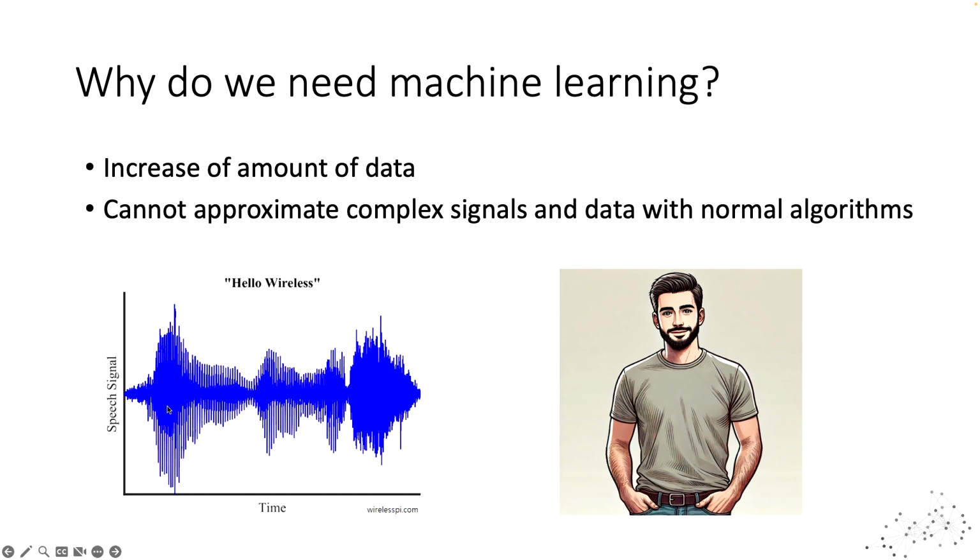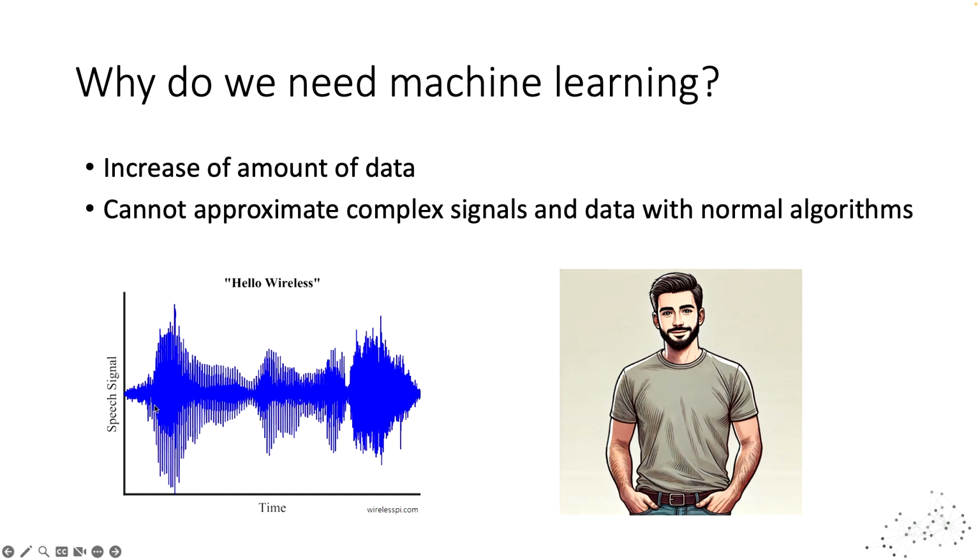So in order to interpret this signal and convert it to text, it's difficult or impossible with normal ordinary algorithms. We cannot write an equation to describe this speech signal and convert it into text.